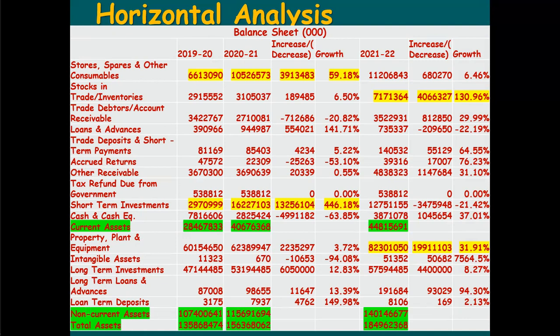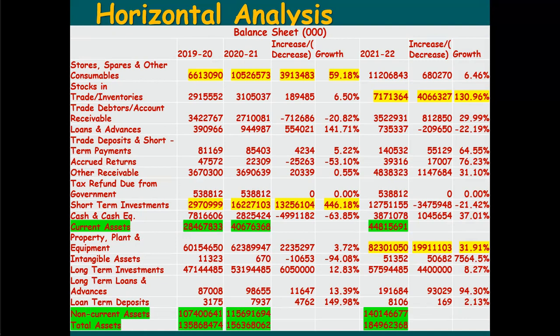That you will have to take. In the case of accounts receivable, there is a declining trend for the first 2 years, about 21%, and an increasing trend of 30% in the second and third year. That you will have to find.